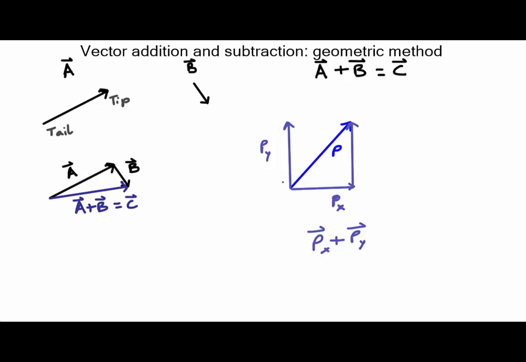And so Px plus Py would just be simply the original tail to the final tip, which reproduces my vector P. So Px plus Py simply is the original vector that we started with, which is why breaking a vector into components works, because when I add the components back, I get the original vector back. Okay, that's all we're going to discuss with regard to addition.